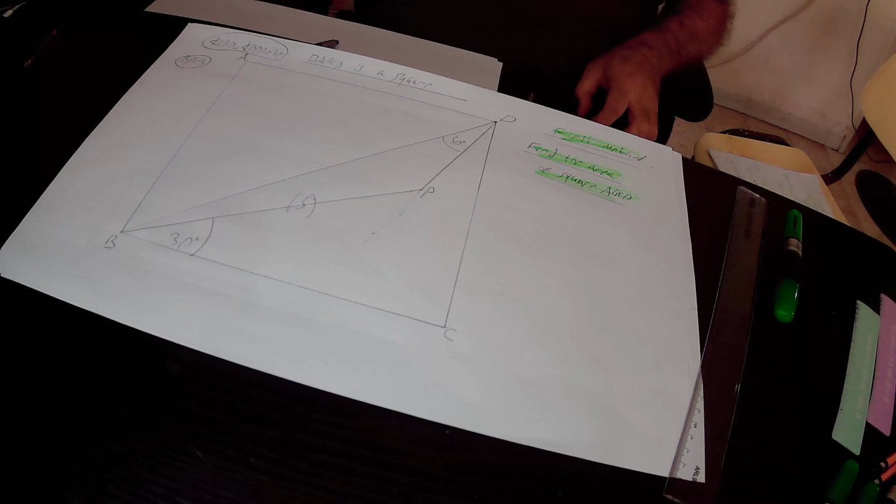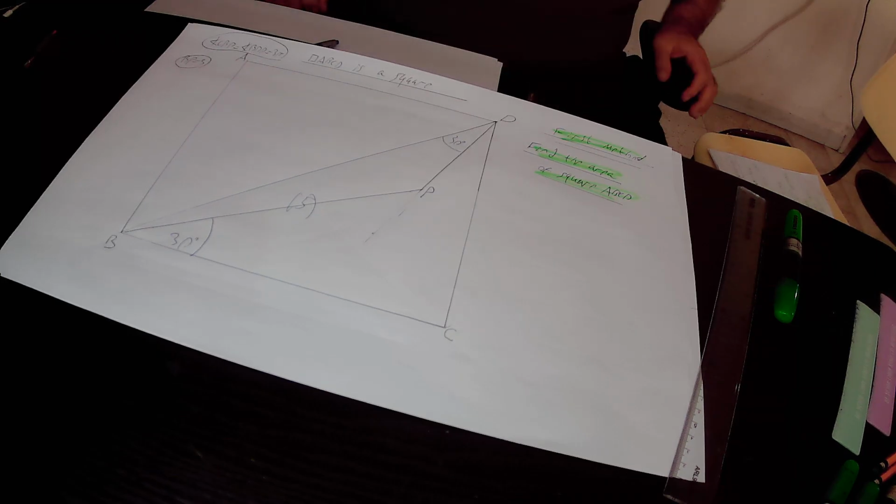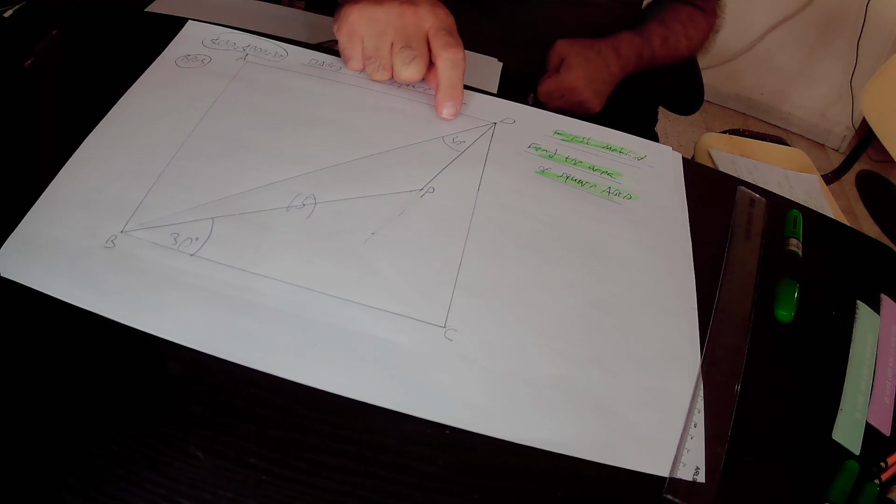Our task in the second question is to find out the area of this square ABCD. So in square ABCD, DB is the diagonal of square ABCD. Angle BDP equals 30 degrees in its size. Angle PBC is also equal to 30 degrees in its size.